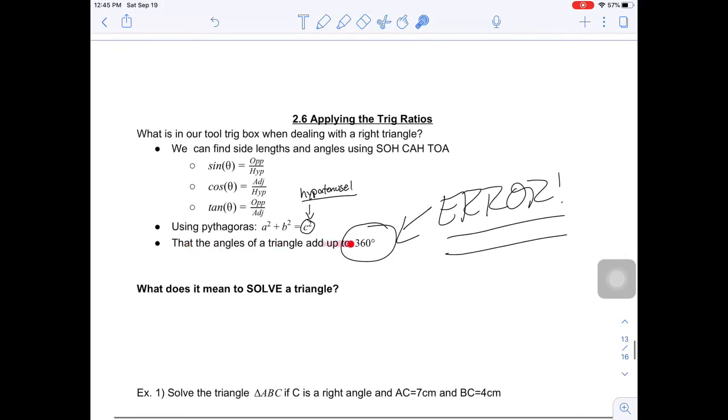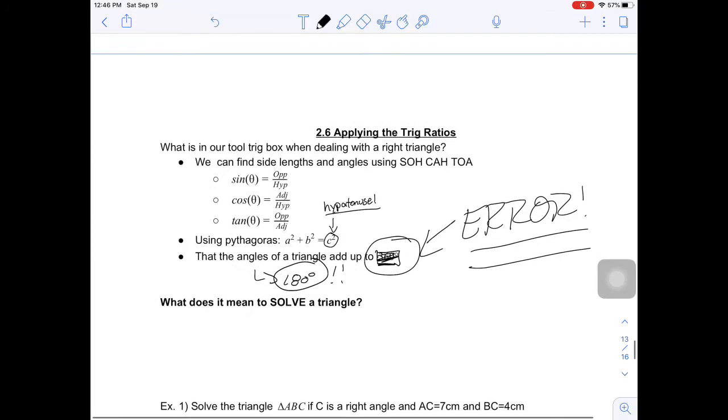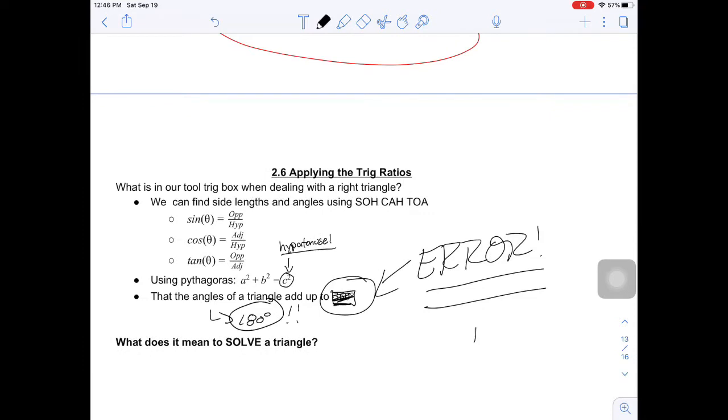Now, this last one I really messed up on, the angles of a triangle. They do not add up to 360 degrees. What they add up to is 180 degrees, so please be aware of that. If you have a triangle, let's draw it over here. It can be any triangle, but in Math 10 we're always just dealing with right angles.